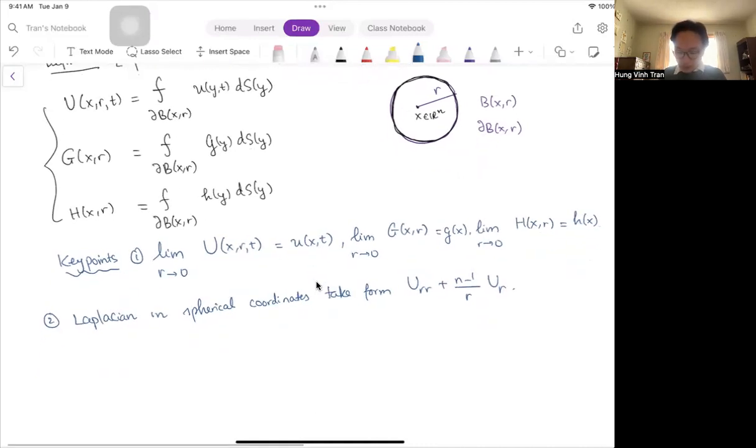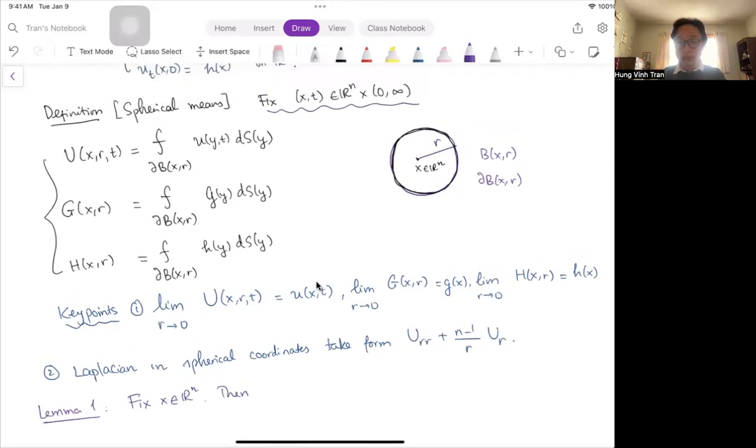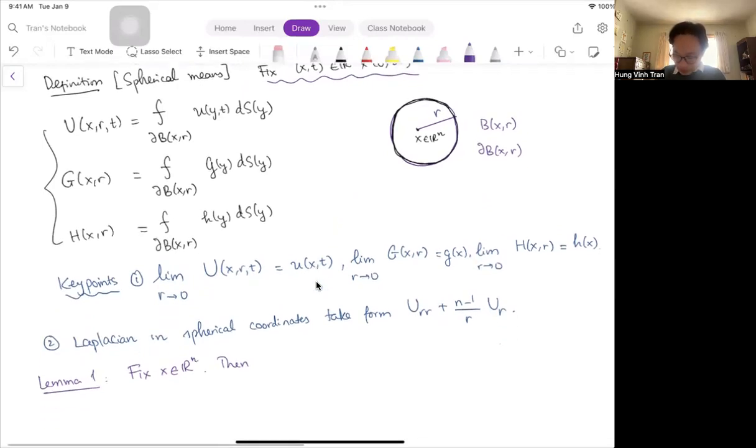And in fact, this was the lemma done last time. Let me recall it. It's Lemma 1: you fix an x, because x is fixed here, it's not a problem. Then you can see that now we can think of u as a function depending only on r and t, right? Because x is fixed.